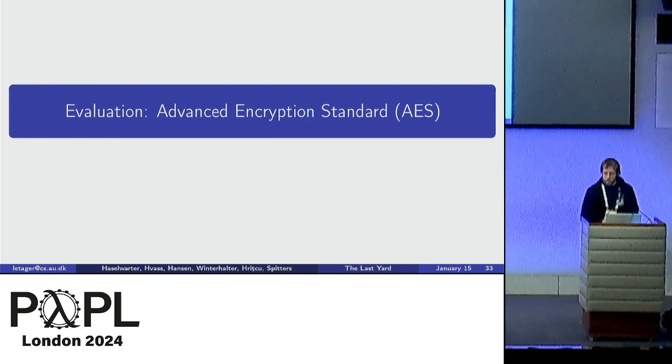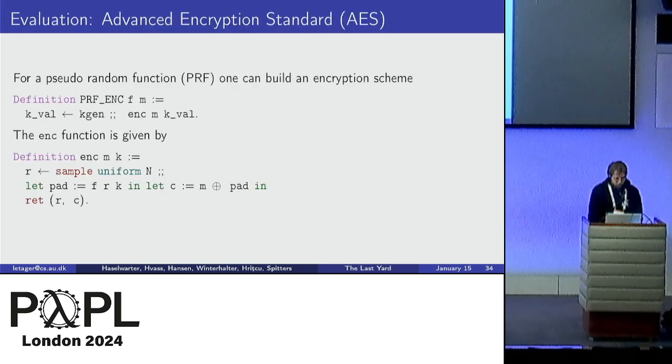So now let's try and evaluate our framework on a larger example. We'll look at the Advanced Encryption Standard as an example. For this, we are looking at a pseudo-random function encryption scheme. Here, the pseudo-random function is a function which takes two arguments, some message and some key, and then it produces random-looking output.